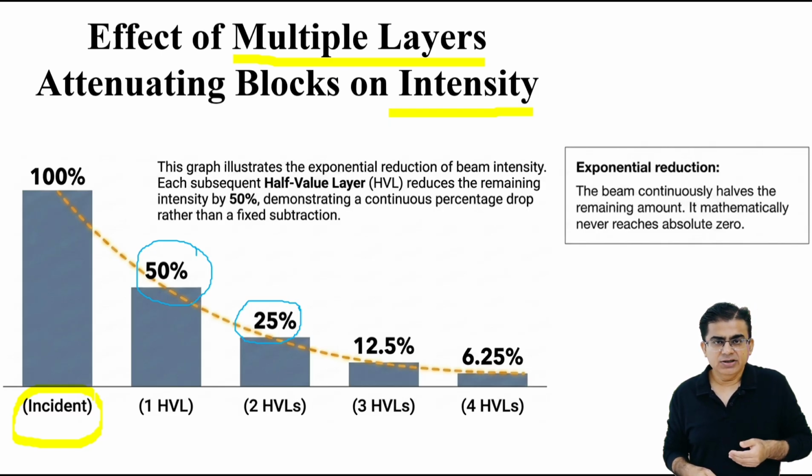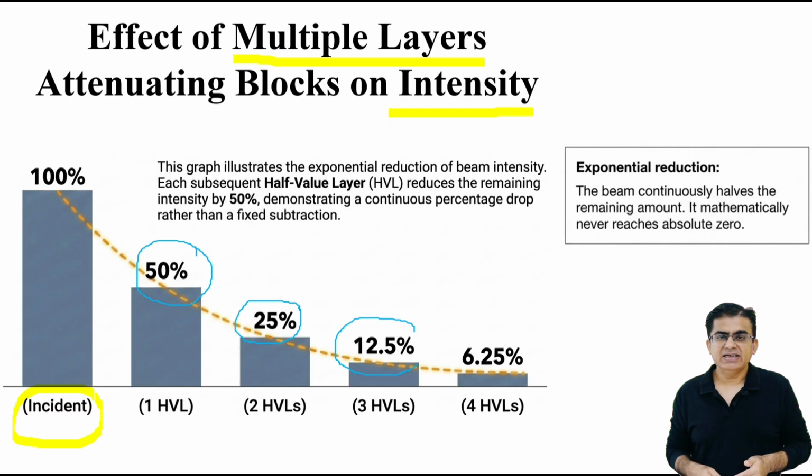As the beam continues, the third HVL will again remove exactly half of that smaller remainder. This leaves us with exactly 12.5%. Finally, the fourth layer leaves us with exactly 6.25%.